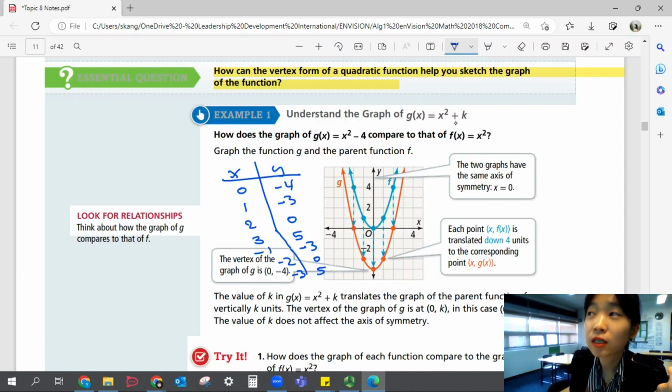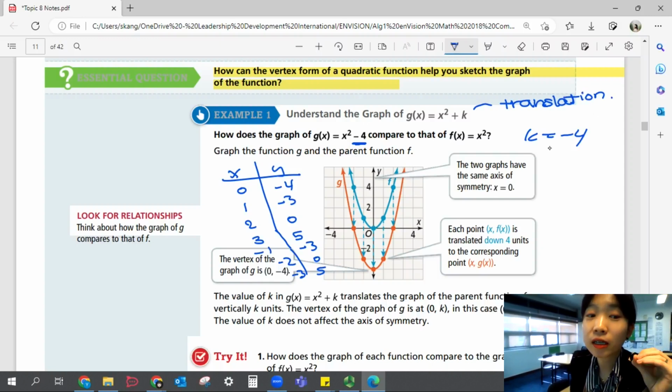How many units? Exactly k units. Minus 4 means k is negative 4. So that means all your points are going to move down 4 units. So what kind of transformation is it? k is responsible for a translation, okay?